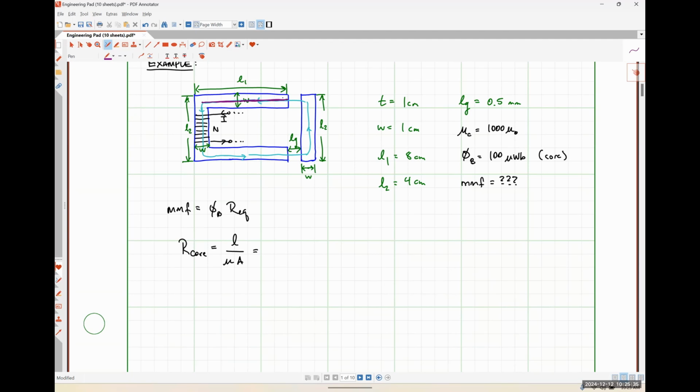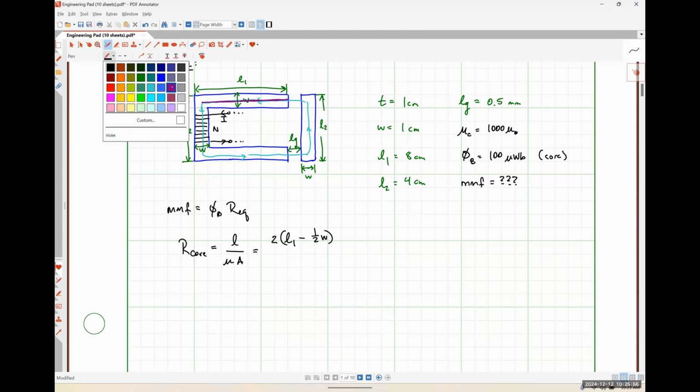This is definitely part of the flux path. So what is this part going to look like? L1 minus half of a W. So we're going to have L1 minus half of a W, and then we are absolutely going to multiply it by 2 because that is the exact same length on this bottom leg right here.